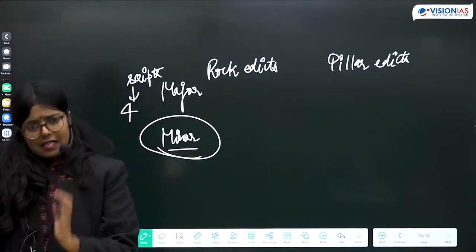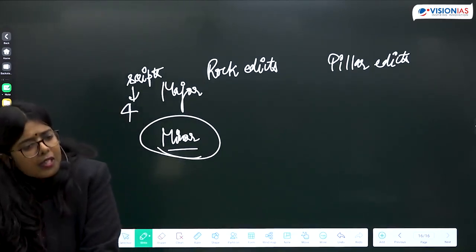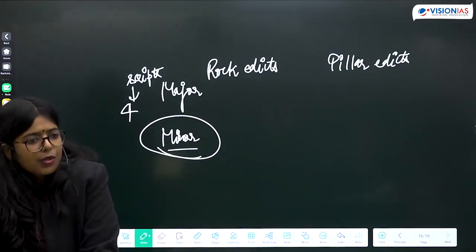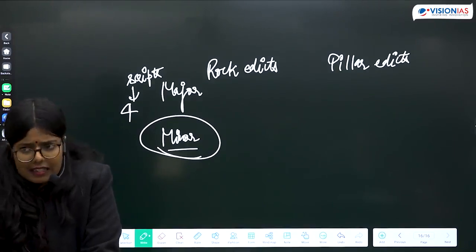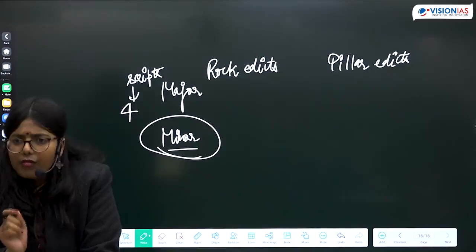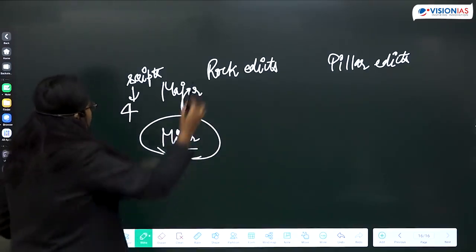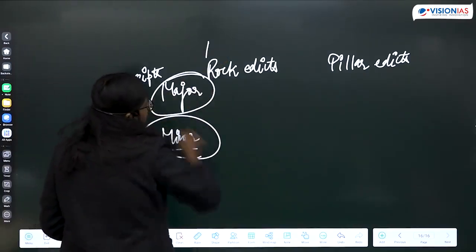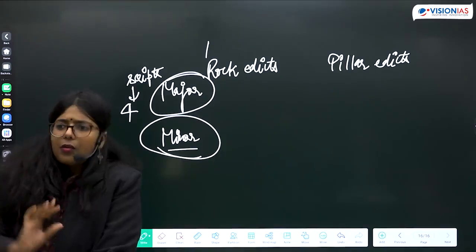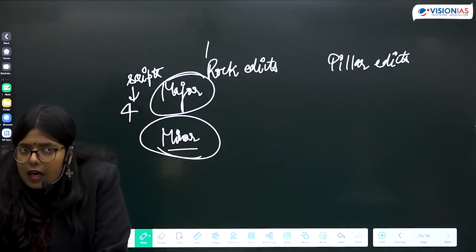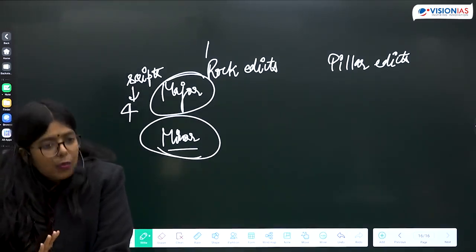Now, let us discuss further what are the important unique details that we should keep in mind. When we are talking about the rock edicts, they are in a set of 14. Which ones? Major. Okay, so major rock edicts are in a set of 14. So which ones are the unique ones?